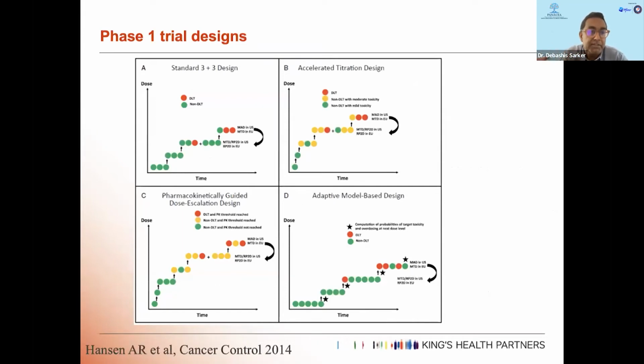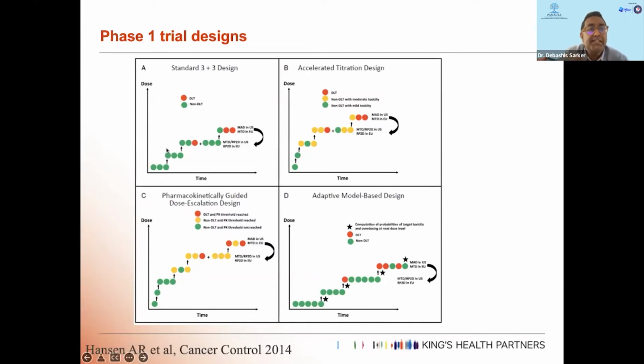For those of you interested, I'd urge you to go to this excellent review written by Lillian Siu, a phase 1 medical oncologist in Toronto, and her group, which nicely explains many of the concepts in different phase 1 trial designs. The standard design we have historically used for many decades is the 3+3 design, shown in the top left corner.